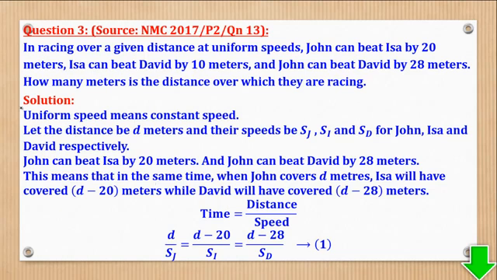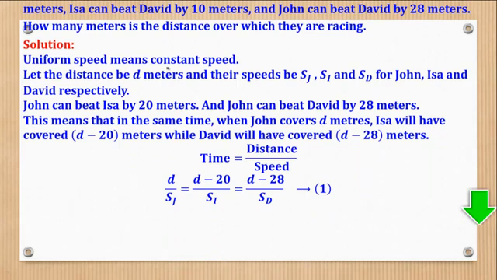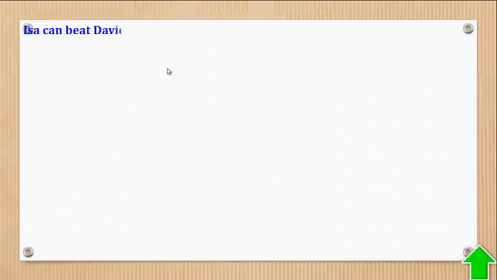Now let's go to this other statement, of 10 meters. So let's look at it. They said Isa can beat David by 10 meters.